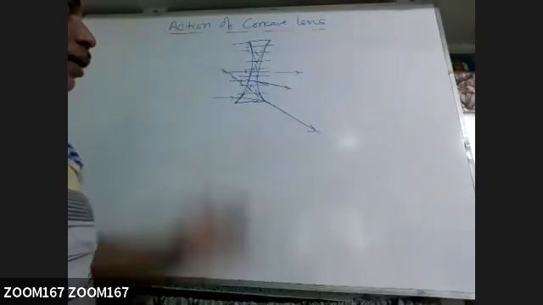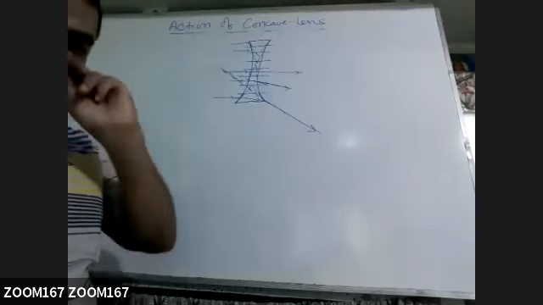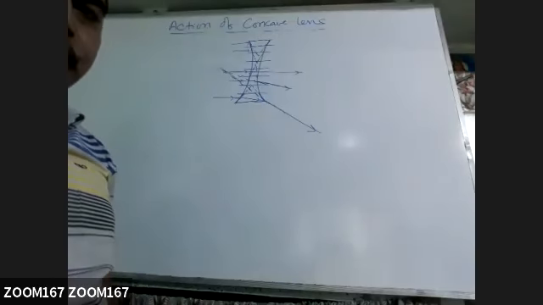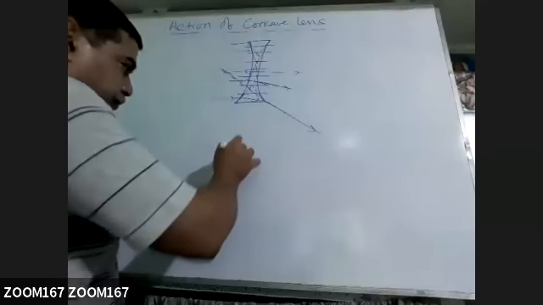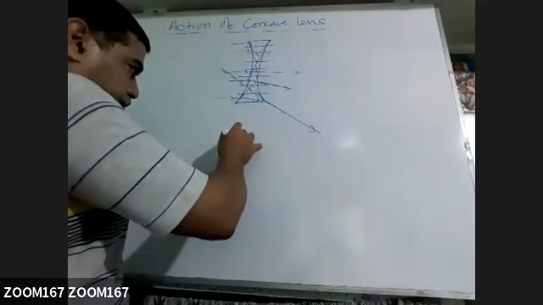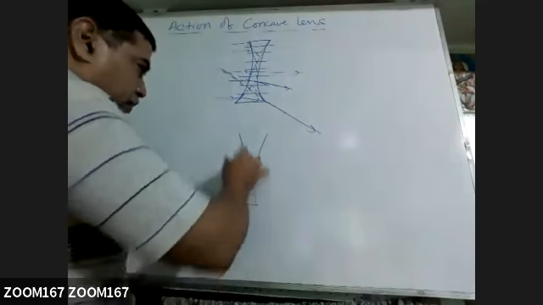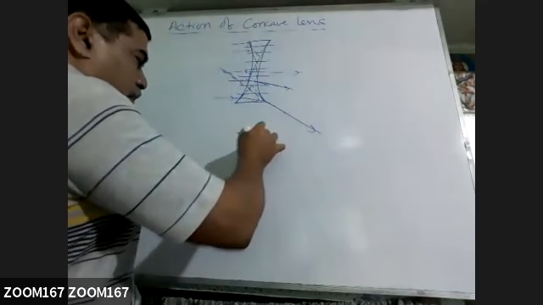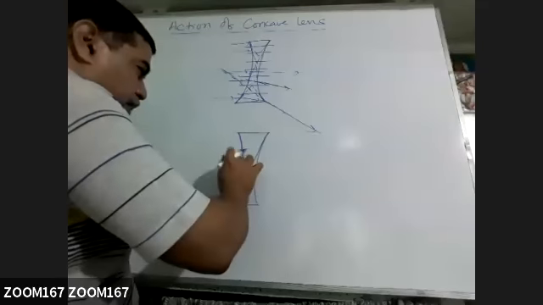Again, just to understand in a simple way, we have to consider only two prisms and one glass slab. So what will be? So this part we are considering, that is a part of a prism.